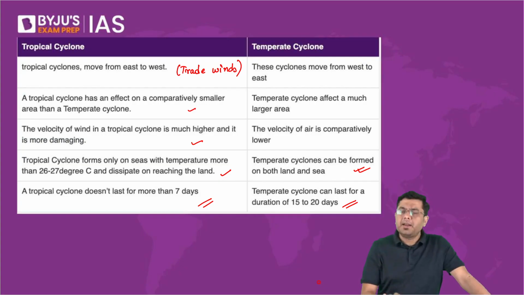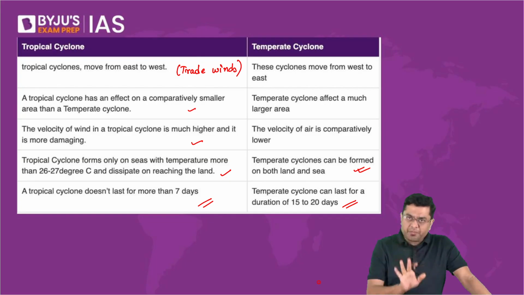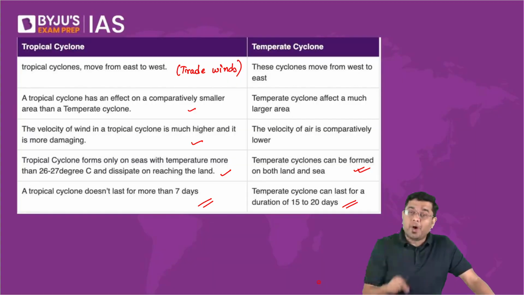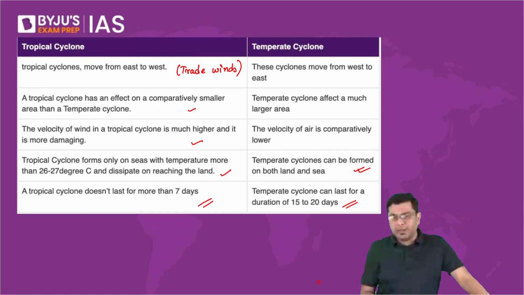I understand that. Again, I would say have patience for a few modules, and over a period of time, we shall be developing the concepts with the help of the oceanic studies as well. When we study the oceans, we will see why more cyclones occur in the region of the Bay of Bengal as compared to the Arabian Sea.